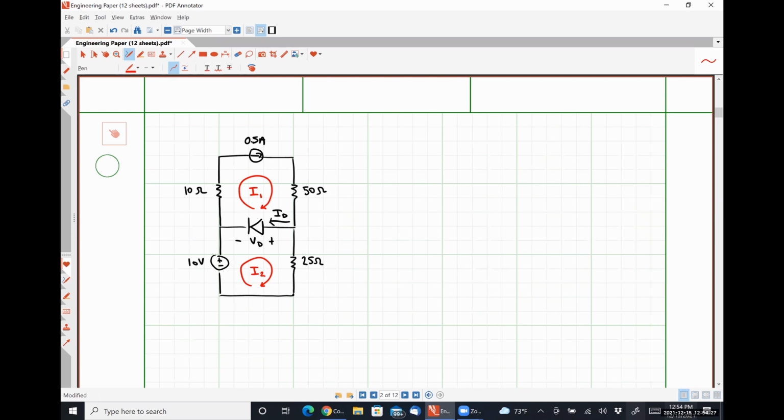So we can pretty easily see that we'll have a current relationship equation that says our current I1, my apologies, is equal to 1/2 amp.